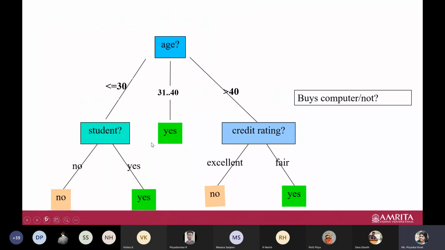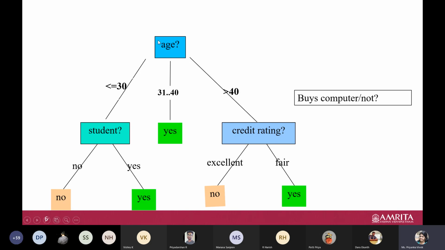In this case, can you say what would be the entropy here? All the instances belong to class yes, maybe you can say positive class. What could be the entropy here? It is 0, because all belong to the same class. So we don't split further, because we have already reached a state where entropy is 0 or minimal.